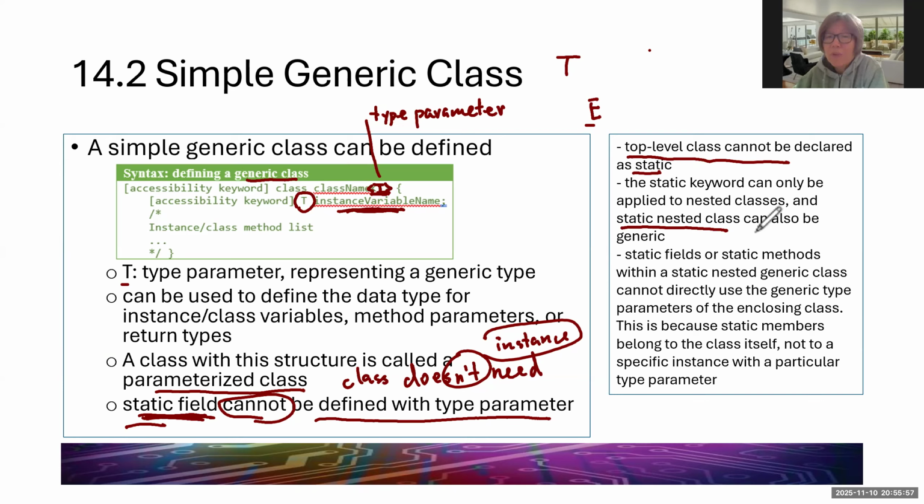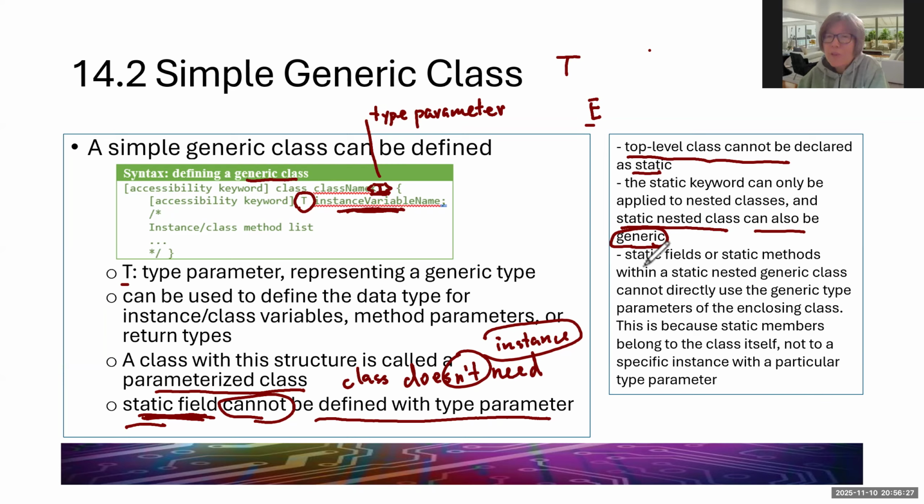Yes, it can be. So a top level class cannot be declared as a static class, but a nested class can be declared as static. It can also be a generic static nested class.